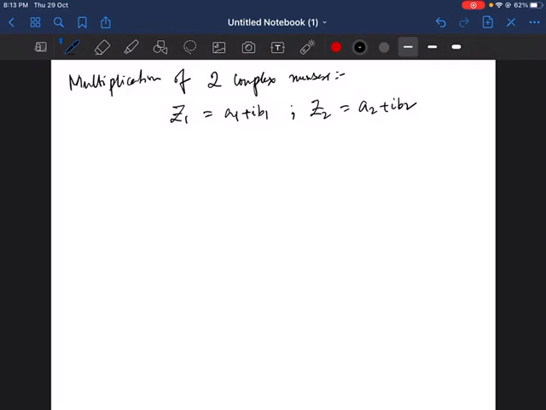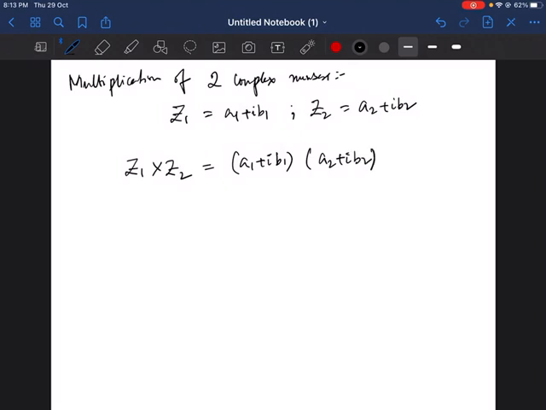Now if I do multiplication of both these two complex numbers, what do we get? z1 into z2 is equal to, now write z1, a1 plus ib1, and then z2, a2 plus ib2. This is what we have, right?